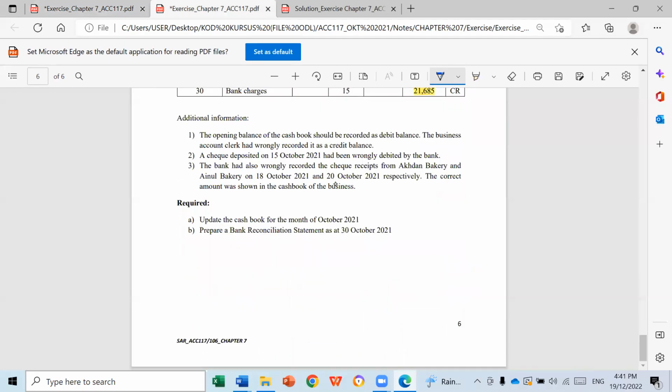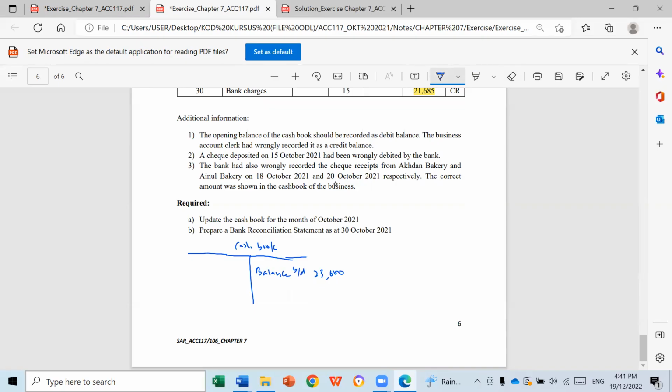If we open the T account in the cash book, the balance appears on the credit side, 23,000, which actually is not the case.